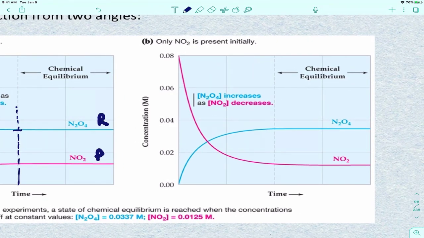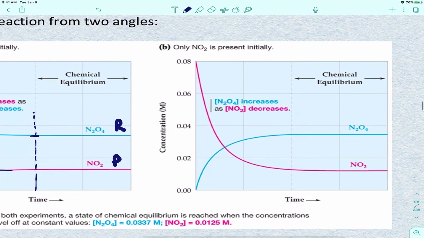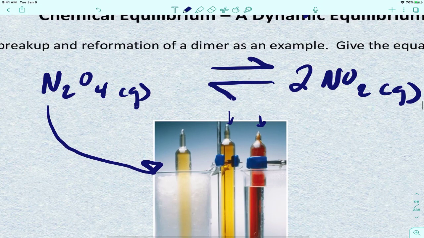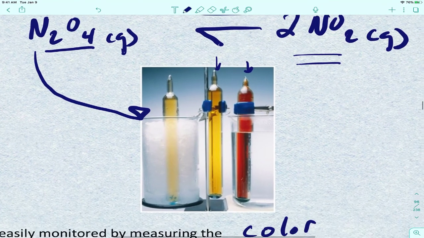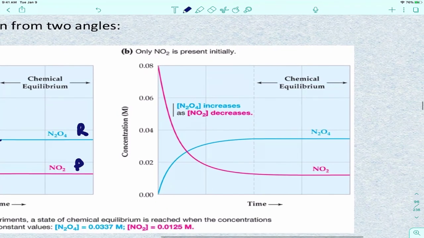Now, if we measure this, let's say that only NO2 is present. So instead of going completely from reactant to product, let's say you just have product, you have the NO2. So the concentration of NO2 is going to be 0.08 molar.